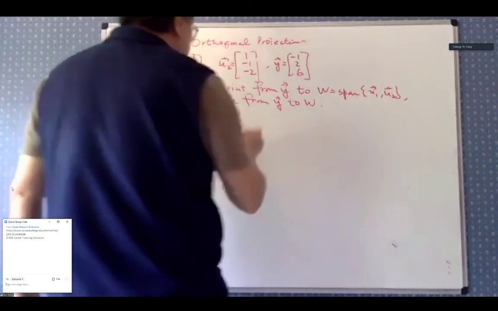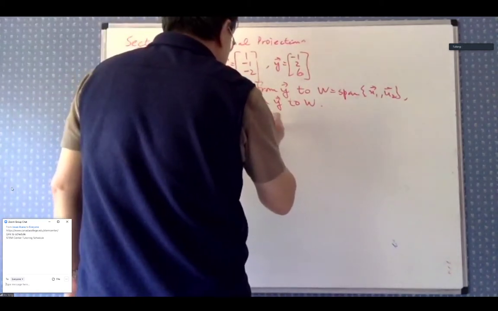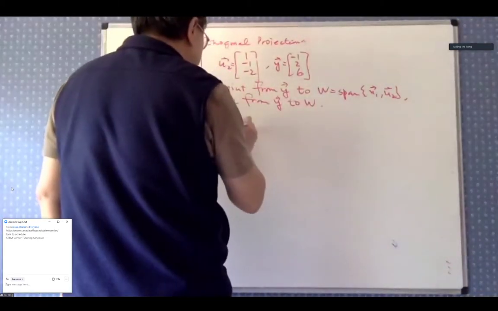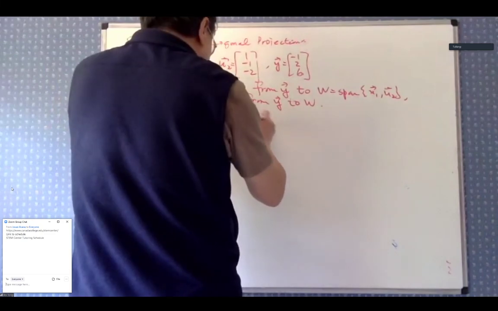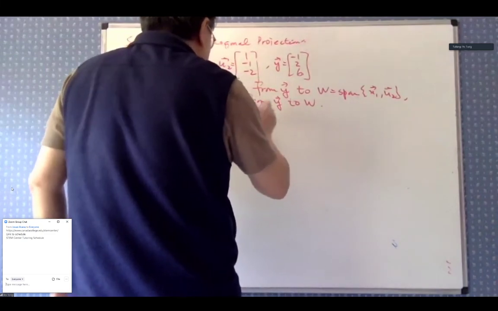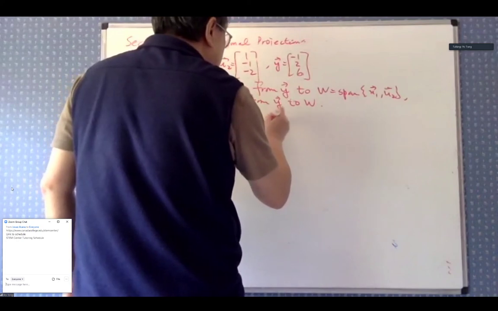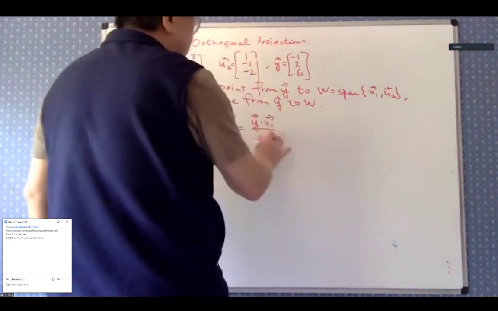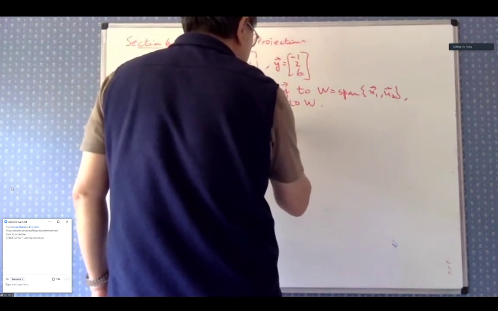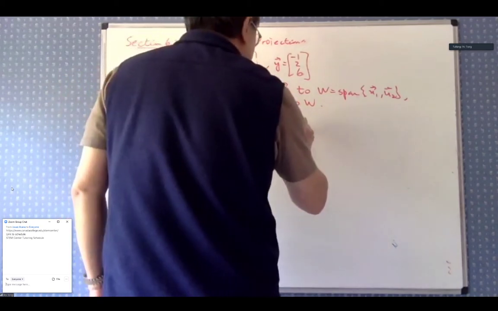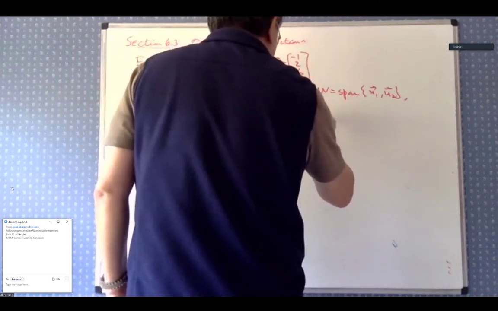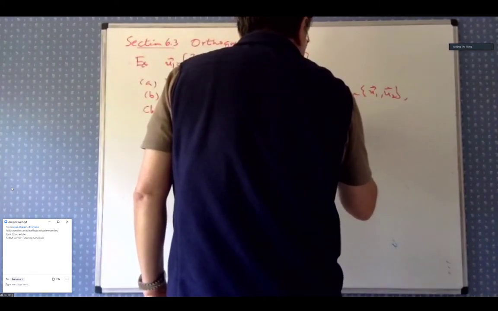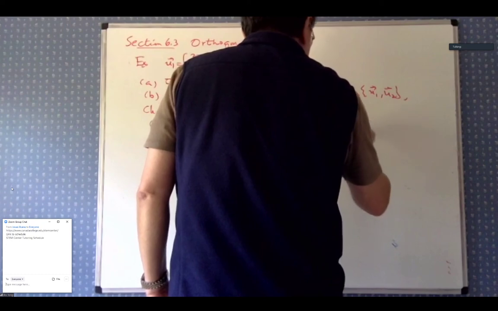So Y hat, we can directly use the formula. This will be Y dot U1 over U1 squared, times U1, plus Y dot U2 over U2 squared, times U2.